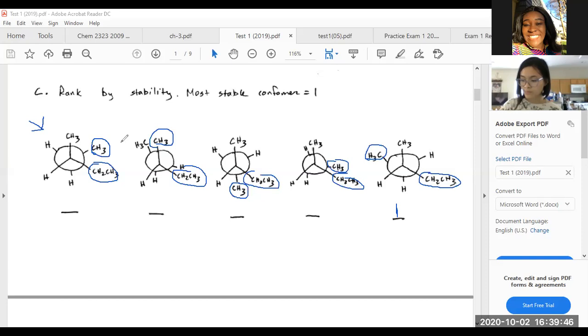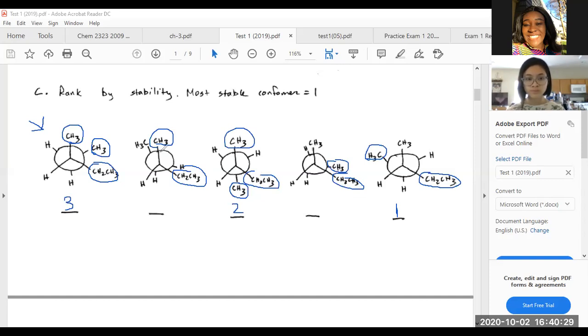And when deciding which one is more stable and less stable, you'll look at the other big groups on the molecule, and you see this big group and this CH3. As you can see, on the first one they're all right next to each other, and they are a bit farther apart on the third one. So the third one would be the second most stable, and the first one would be the third most stable.